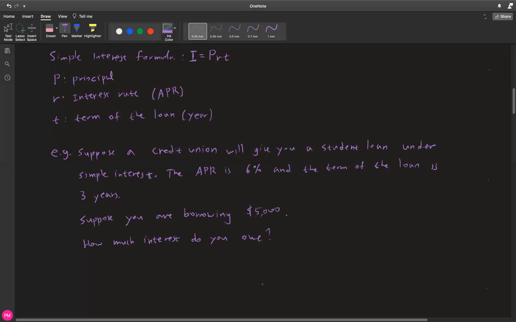So here we are given 3 different numbers. We're given 6% APR, the term is 3 years, and you're borrowing $5,000.